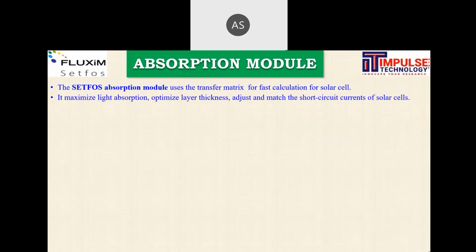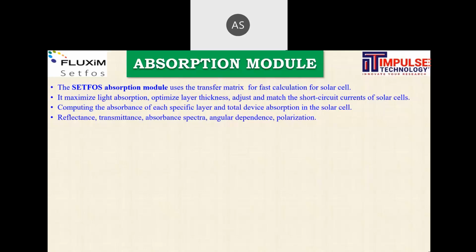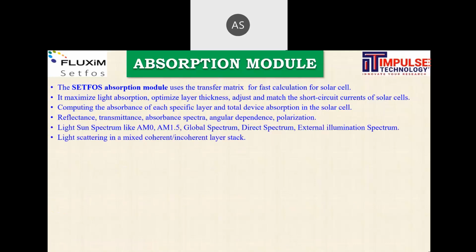You can optimize the layer thickness, adjust and match the short circuit current, and compute the absorption for each specific layer. For total device absorption, you can also plot it, and you can compute the reflectance, transmittance, absorption spectra, angular dependence, polarizations, light spectrum, air mass 0, 1.5, global spectrum, coherent and incoherent layers, direct spectrum, external illuminations, and mixed coherence.